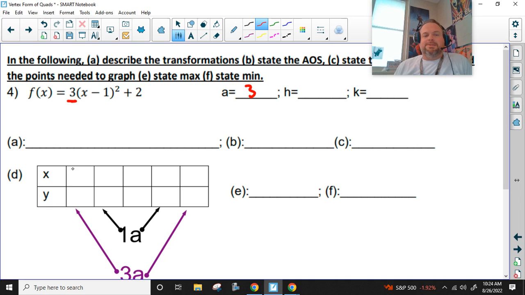So we could go ahead and say what that is. Since it's 3, we have a stretch of 3. Because it says in the following, this is how it's going to look on the test.